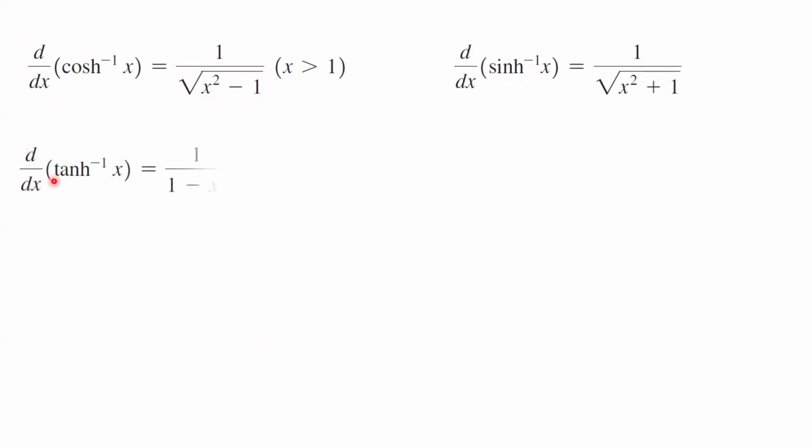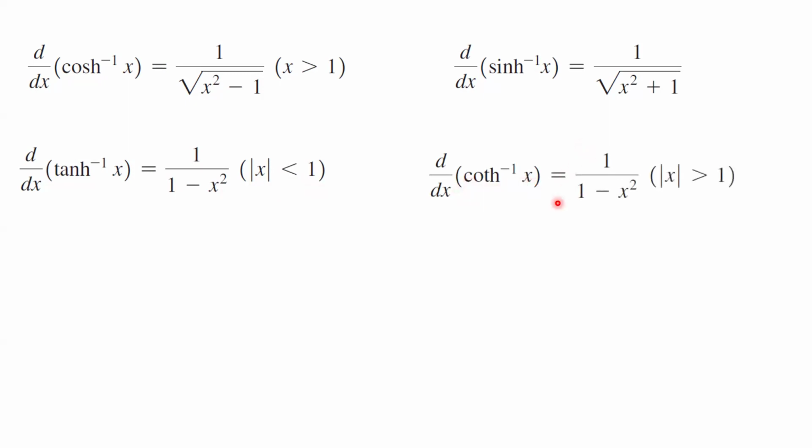The rate of change of inverse hyperbolic tangent is 1 over 1 minus x squared, and absolute value of x is less than 1. The rate of change of inverse hyperbolic cotangent is 1 over 1 minus x squared, and absolute value of x is more than 1.